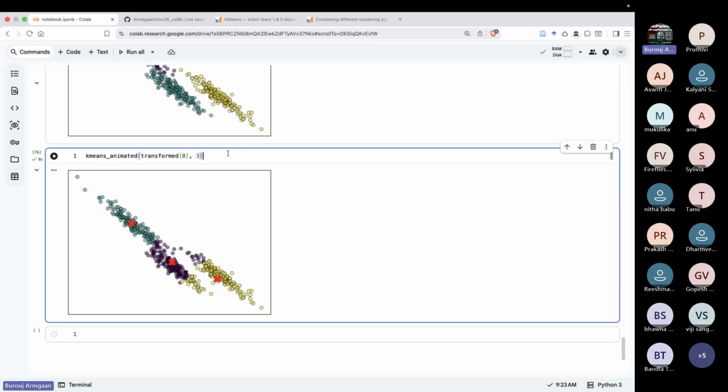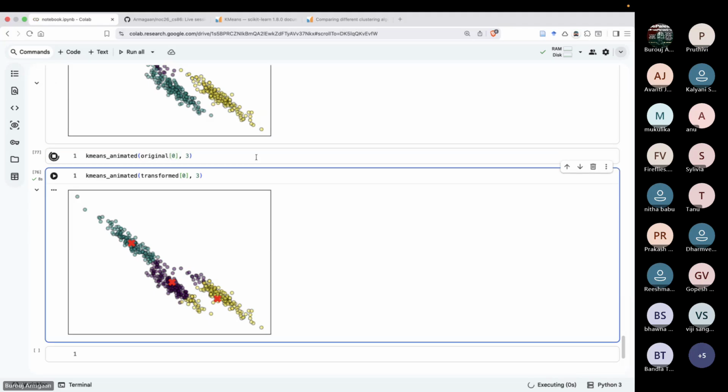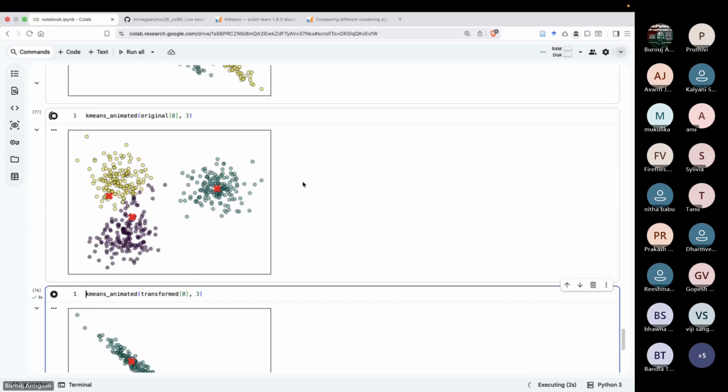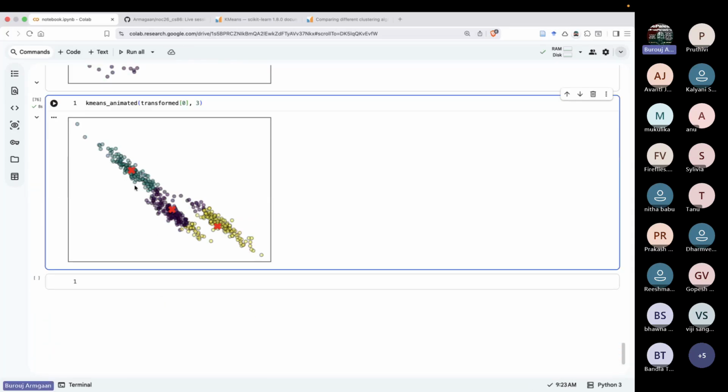Okay, so this is the final result. If we were to apply it on the original, we get clean clusters. In the transformed case, we get these clusters.